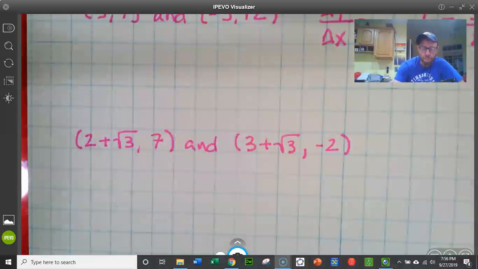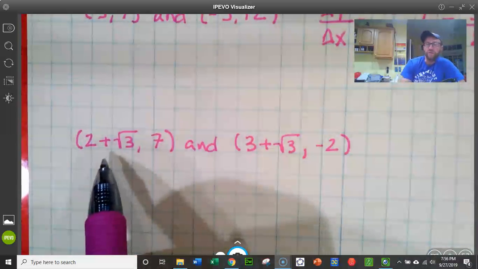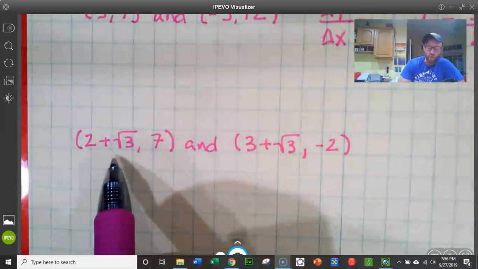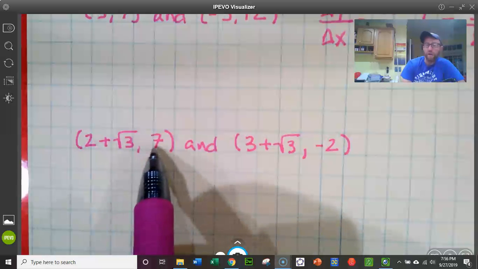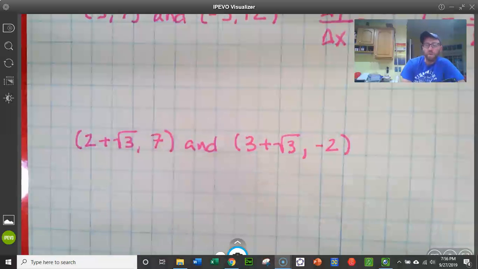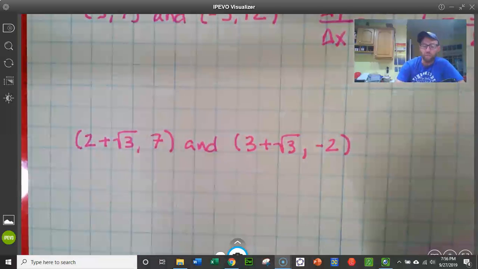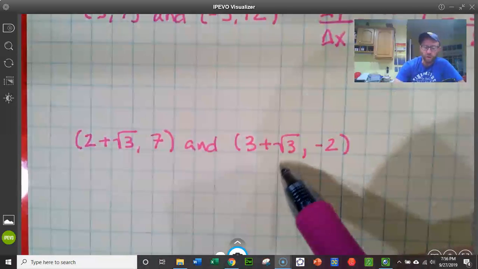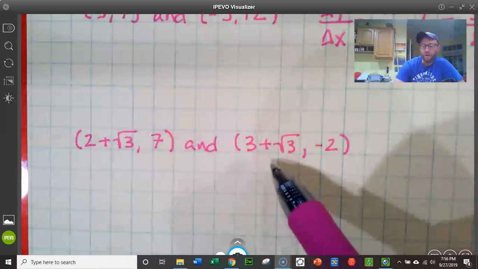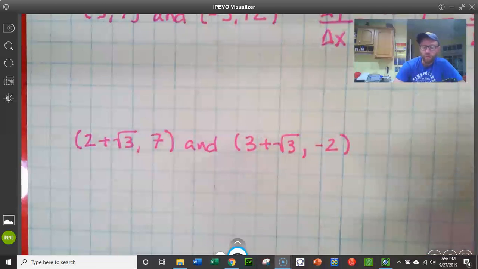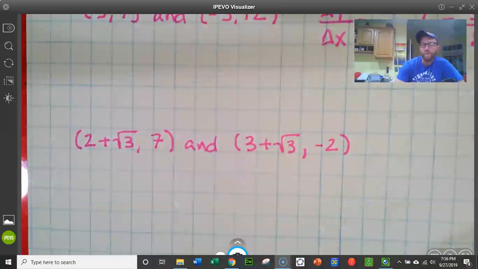But that's a perfectly legitimate number, and it's a perfectly legitimate location on the coordinate plane to go over this far, and then up 7 units from there. Even though it's not going to be easy to plot, it is a location on the plane. And we could have a line that went from this point to some other point here that also had different coordinates. So 3 plus square root of 3, whatever that turns out to be.